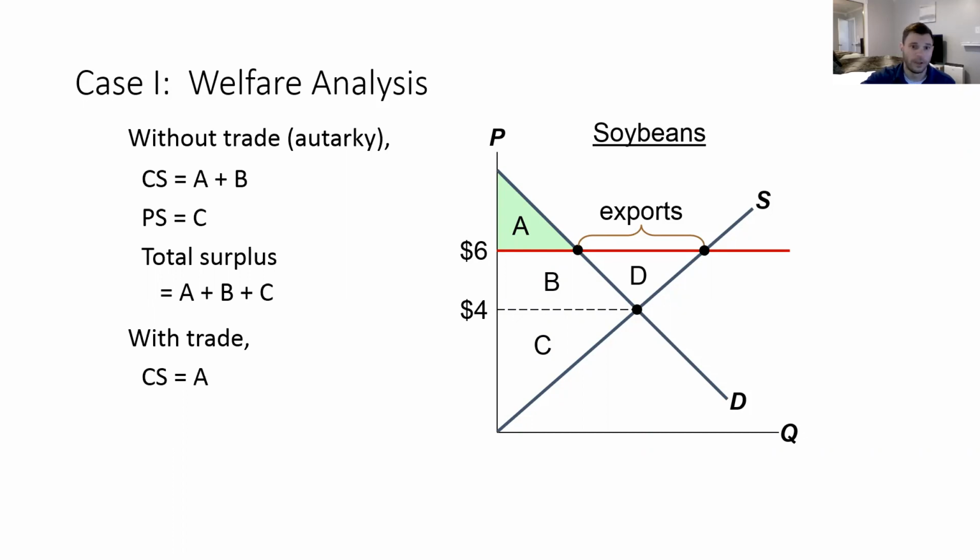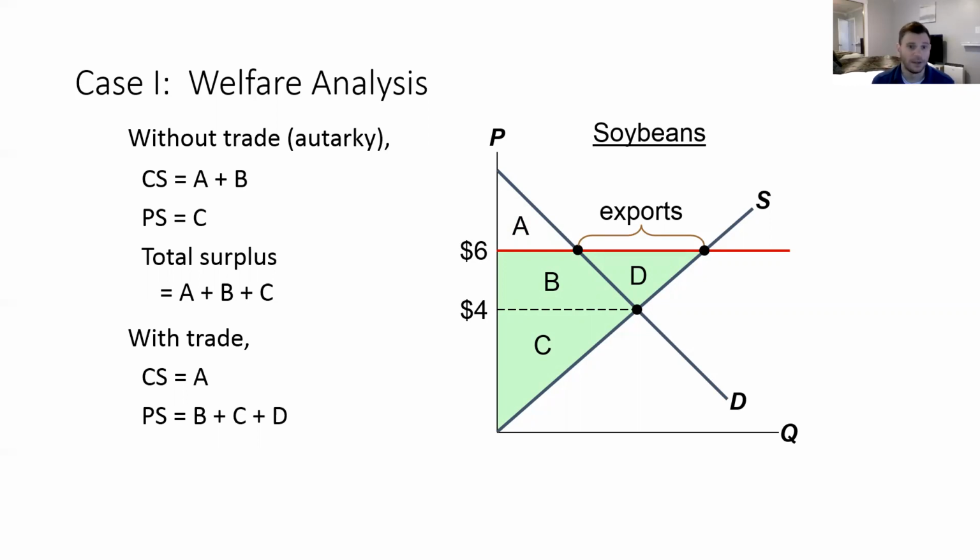However, if we were to measure the producer surplus under free trade, the producer surplus is the area below $6, above the supply curve to the left of the quantity that the sellers will supply. So the producer surplus is actually this entire triangle, B, D, C. It looks like the producers kept their C and they added two chunks to it.